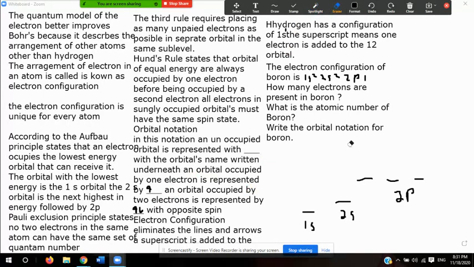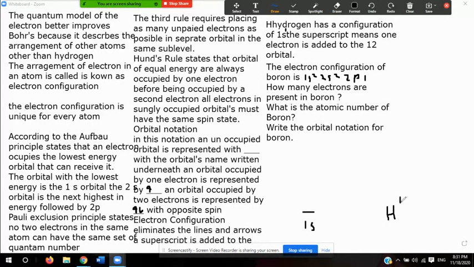So we talked about helium. Now let's talk about hydrogen for a minute, because that was the original element that was used by Niels Bohr to propose his electron arrangement theory. Now let's say we have hydrogen. Hydrogen has 1 electron.